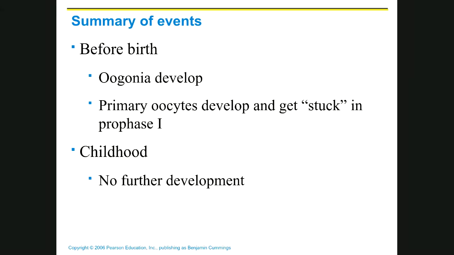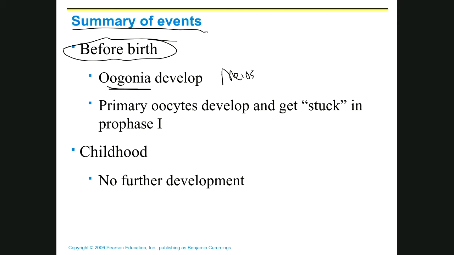So if we sort of summarize that, things happen before birth. The oogonia develop. The oogonia enter meiosis 1. As soon as they enter prophase 1, they get stuck right in prophase 1, and as soon as they enter, they're called primary oocytes.